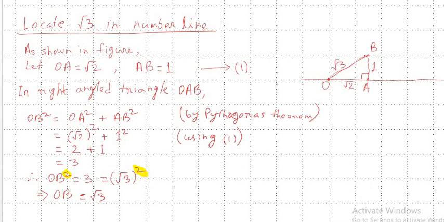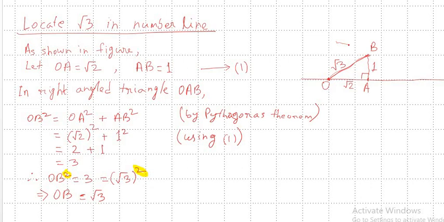Now how do we shift this length to the number line? For this we will take O as the center of a circle, and OB as the radius of that circle. So we will draw an arc taking O as the center and OB as the radius.